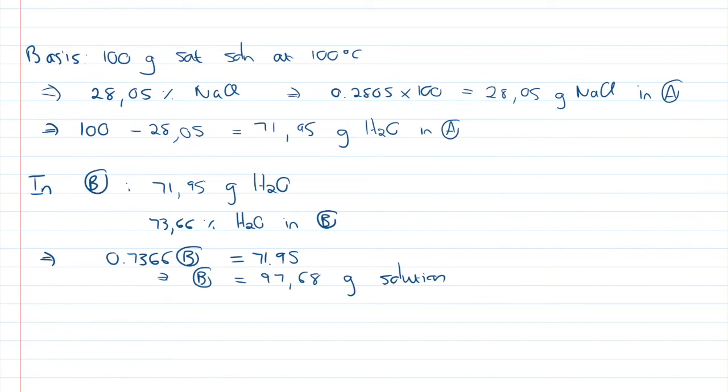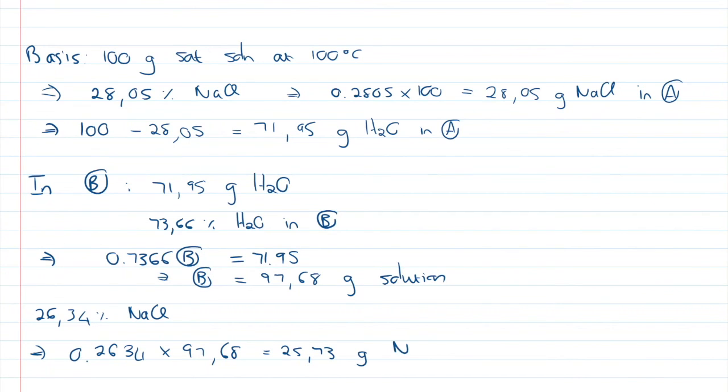And again, I know that 26.34% of this total is sodium chloride. So to get the mass sodium chloride, I multiply the percentage by the total mass. And I have 25.73 grams sodium chloride.